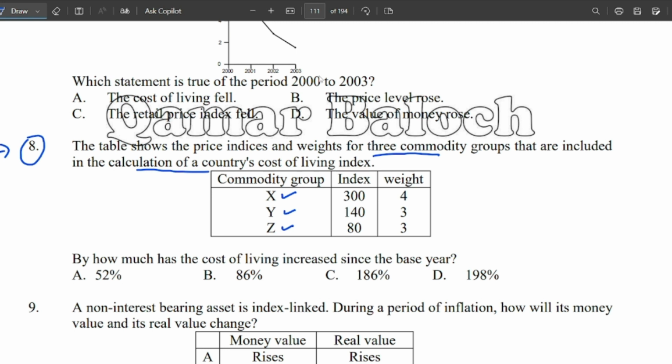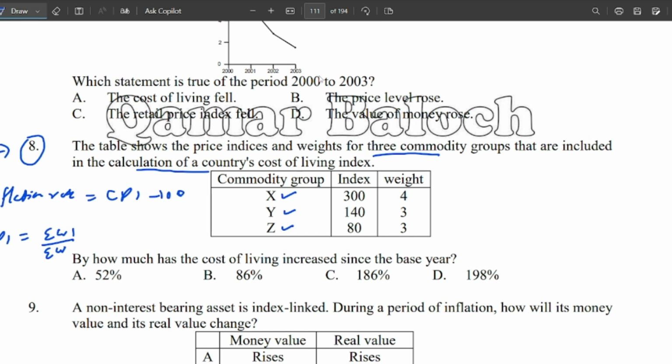Now again we move to the basic formula of inflation, and inflation rate is equal to CPI minus 100. Right now we have to find out the value of CPI. For CPI, what we need to do is we have to use the formula sum of weighted index over sum of weights.